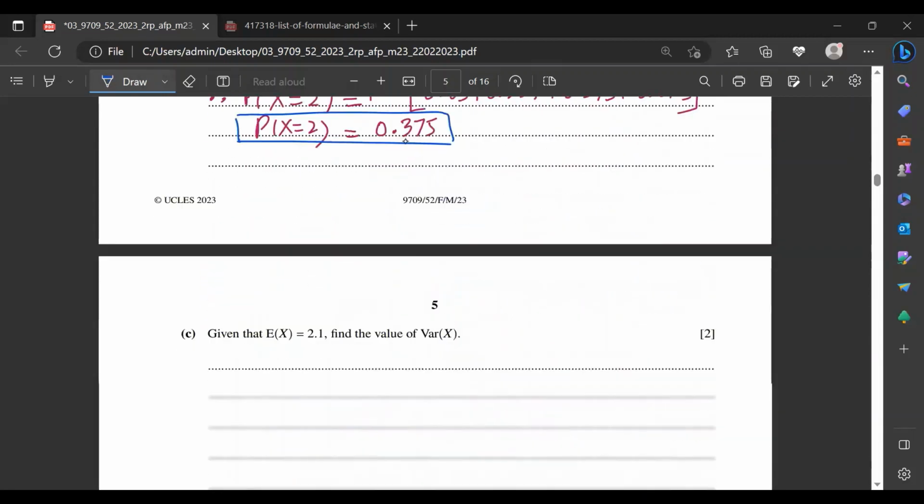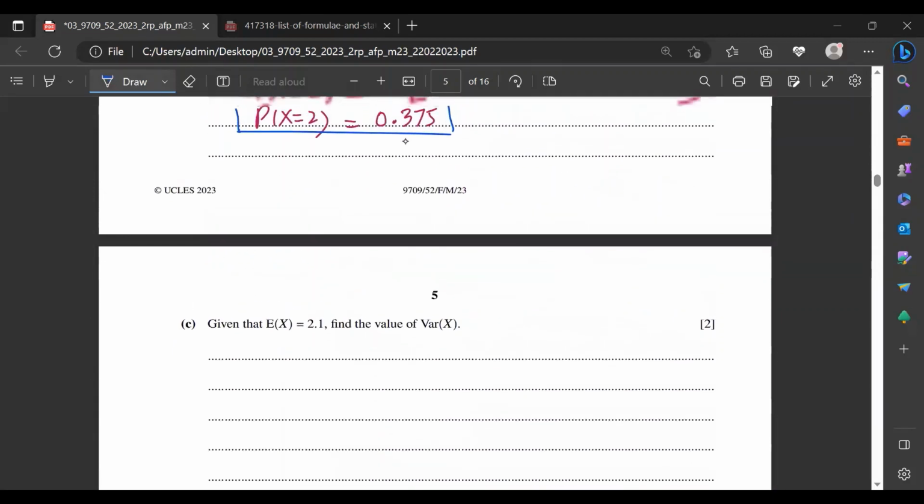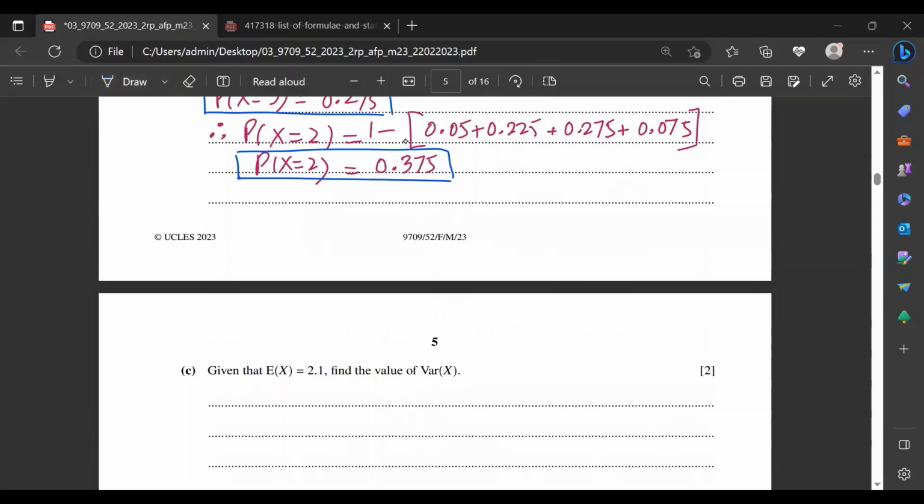The last part is: given that the expected value of X is equal to 2.1, find the value of the variance of X. So the formula for the variance of X is sigma x square p minus the expected value of X, squared. The expected value is already given.